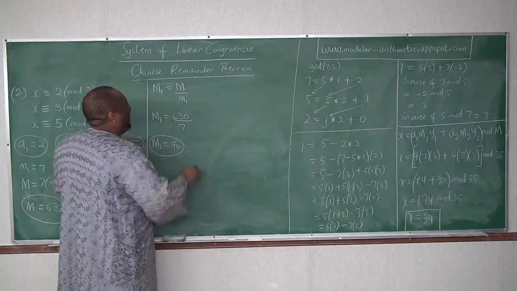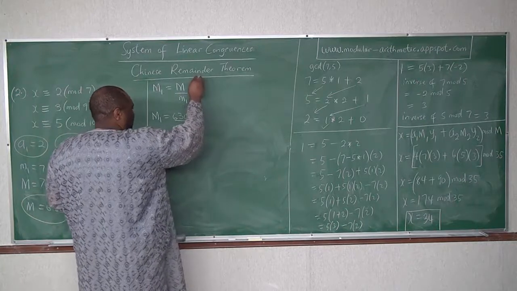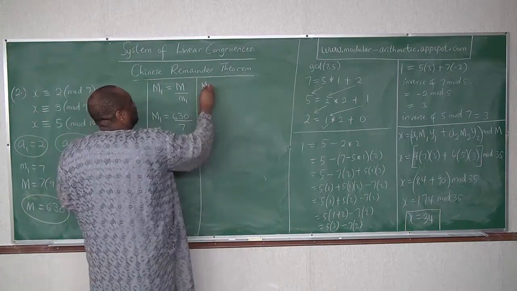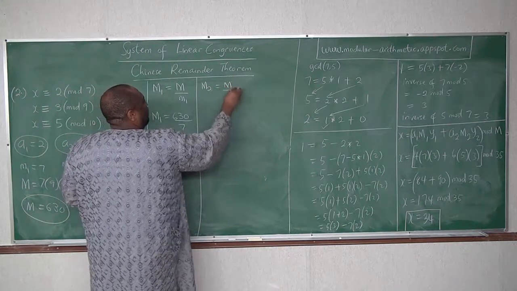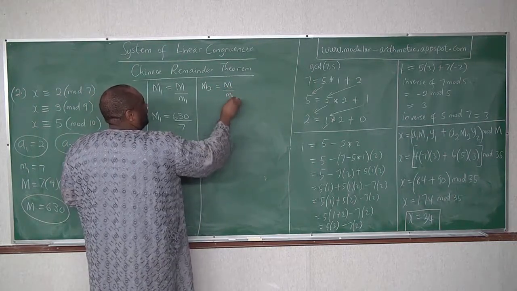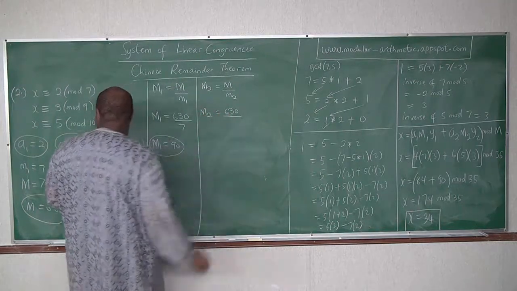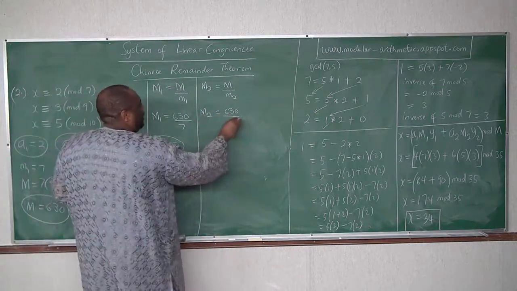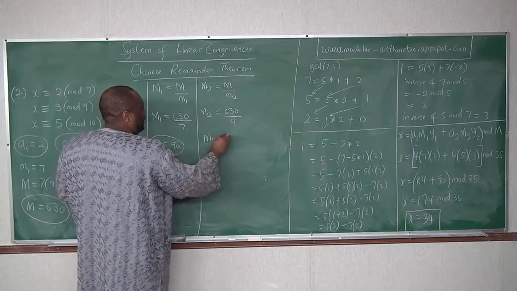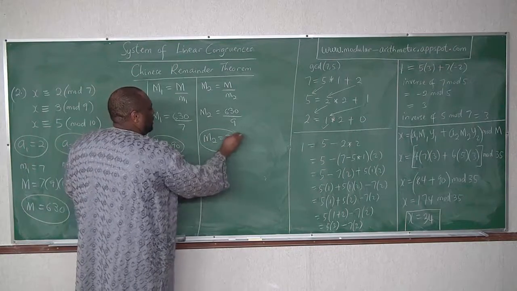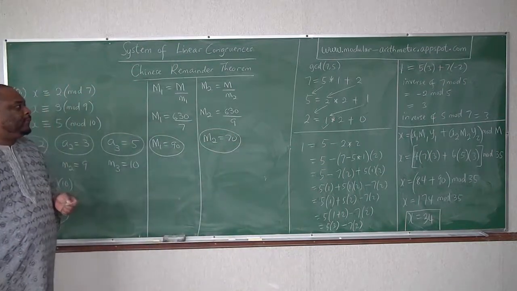Then M2 is uppercase M over lowercase m2. So M2 is 630 over 9. So M2 is 70. We shall use it. So let's circle it.